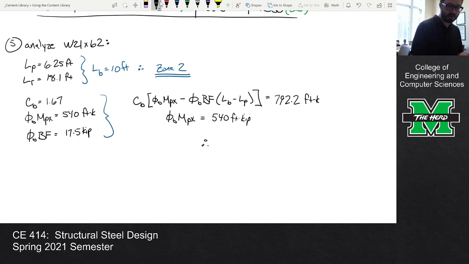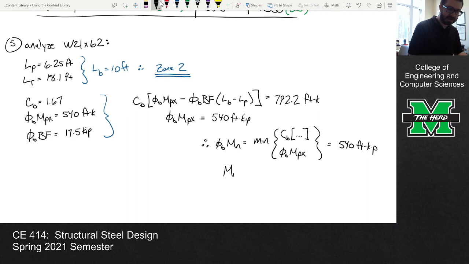And therefore, VMN is just the minimum of those two, so I'll just write it like this, is 540. And when you compare that against MU, and MU is 526, we know that that's okay.